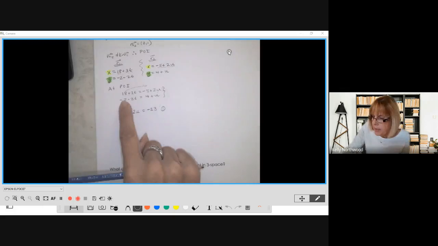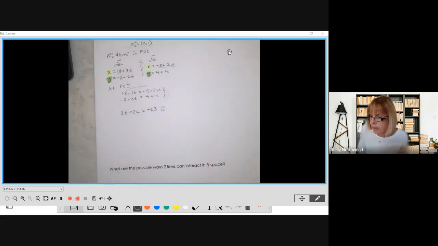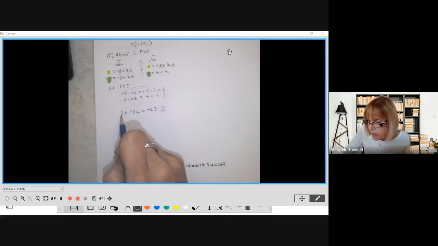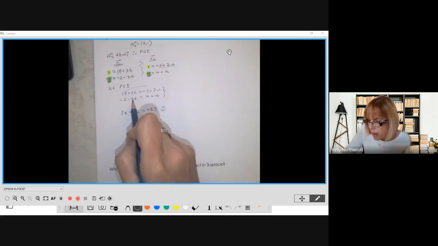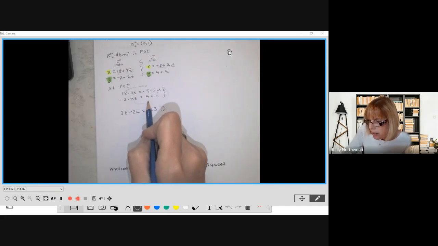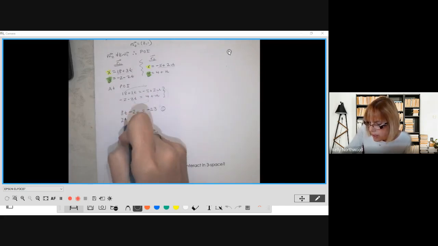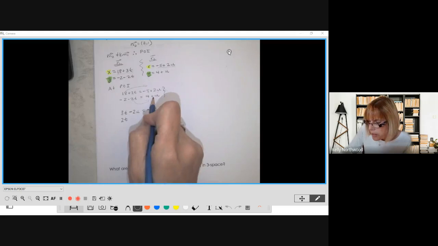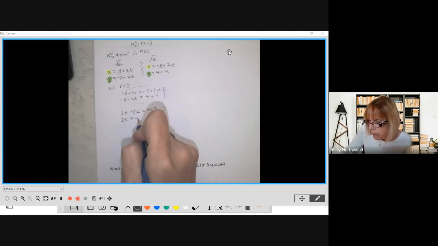And I want to do the same thing for this one. Now I'm going to show you what I would do. I like to have a positive number in front of my t's if I can help it. So I'm going to move the 2t over here. So it becomes positive 2t, but the u on this side was already positive.